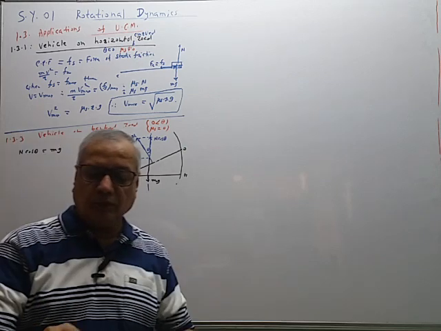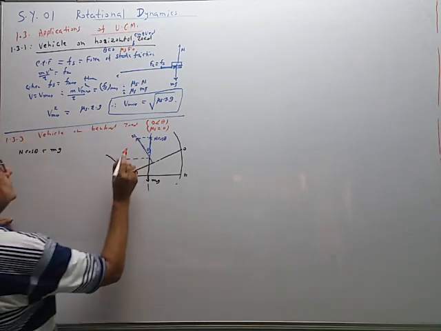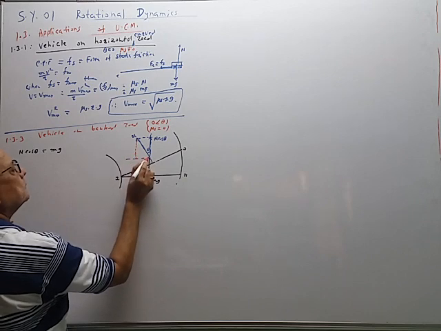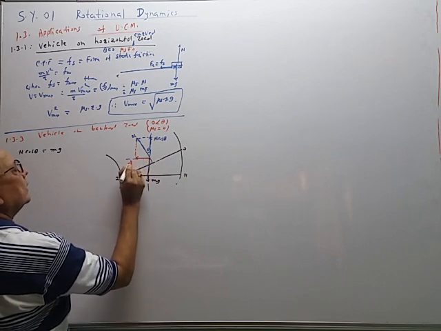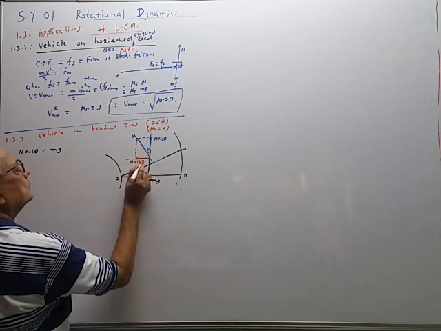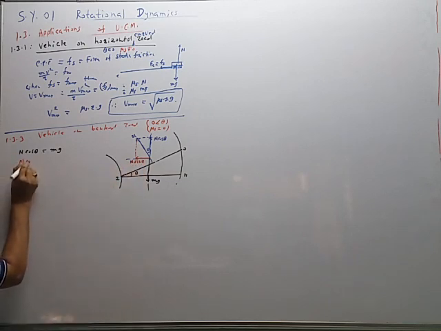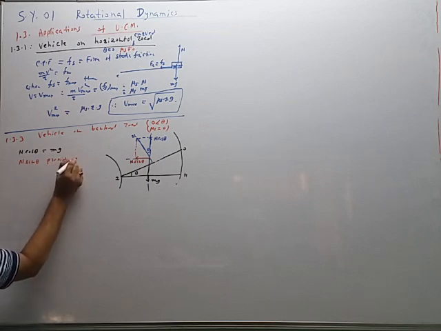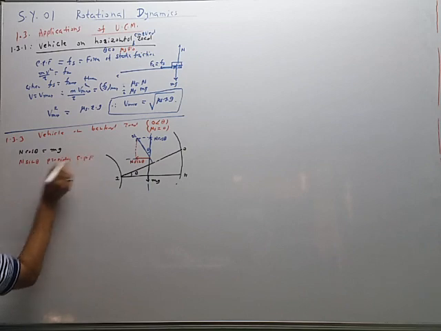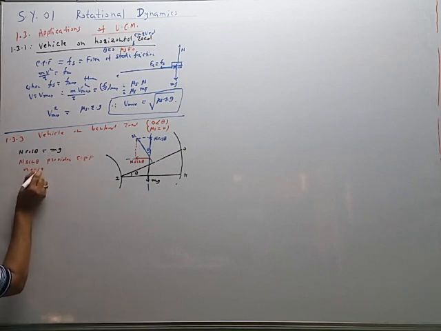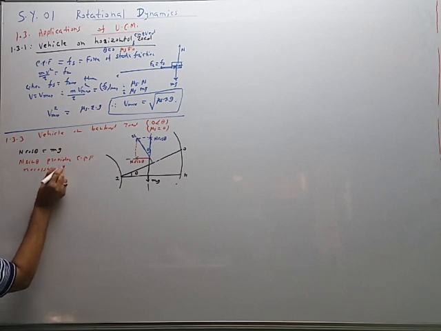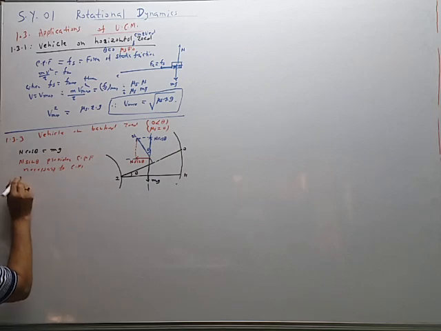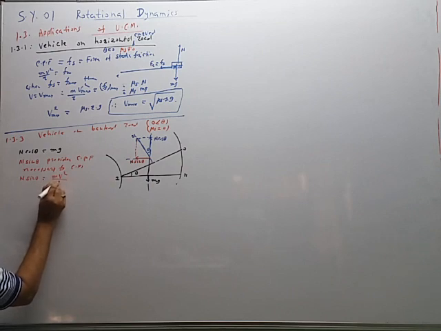Now the other component N sin theta is the unbalanced component. N sin theta provides the centripetal force necessary for circular motion, and therefore N sin theta is equal to mv square upon r.